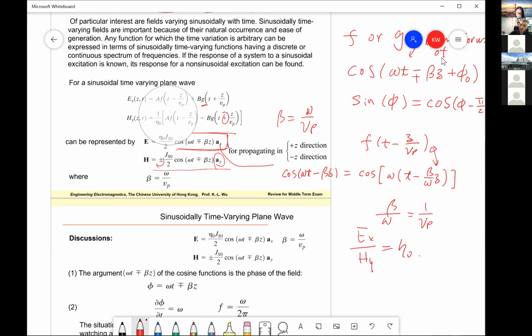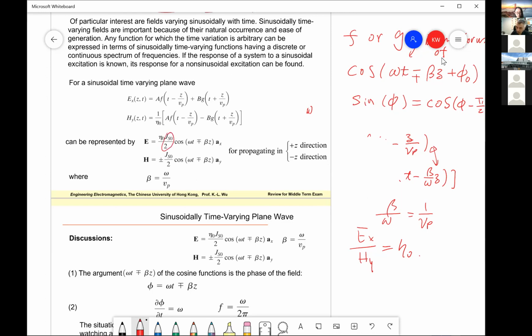We should be able to write it down with your eyes closed. The magnitude is determined by the boundary condition, which we will review in the last slide today.